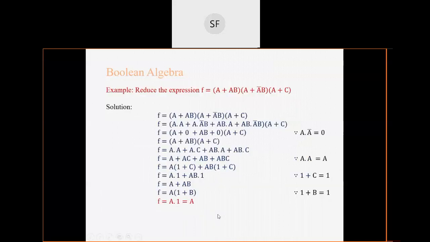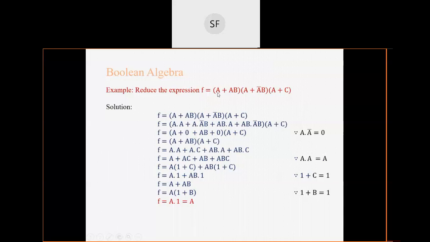Then this is one example: suppose the function is given as a combination of these many inputs. Whenever the expression is given like this, you have to first identify how many variables are in the function.